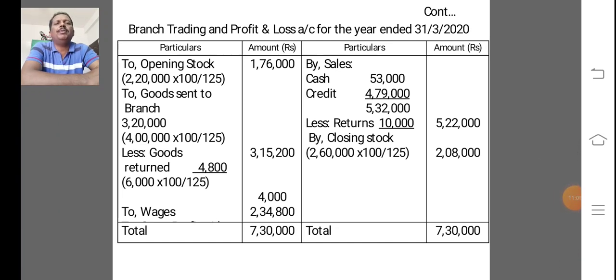Next we prepare branch trading and profit and loss account for the year ended 31/3/2020. To opening stock, that is 2,20,000 into 100 divided by 125, 1,76,000.